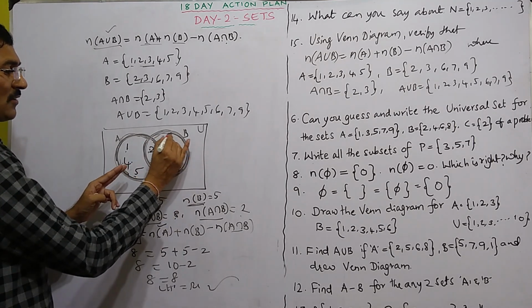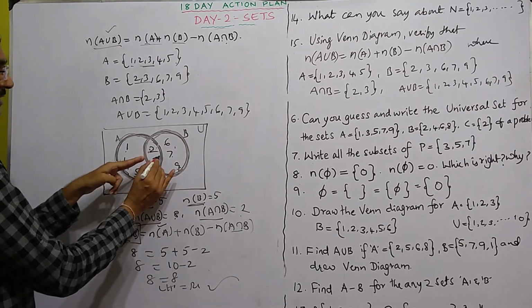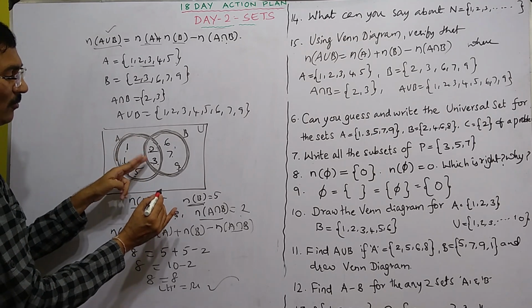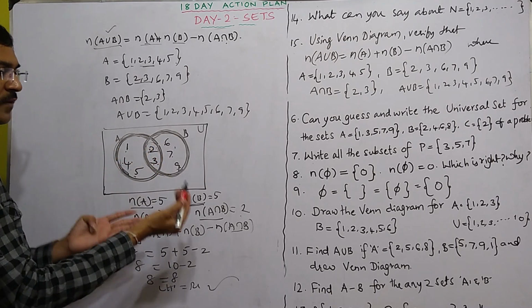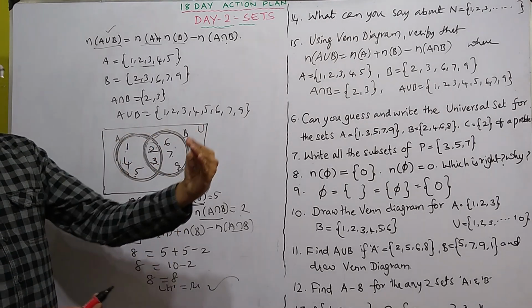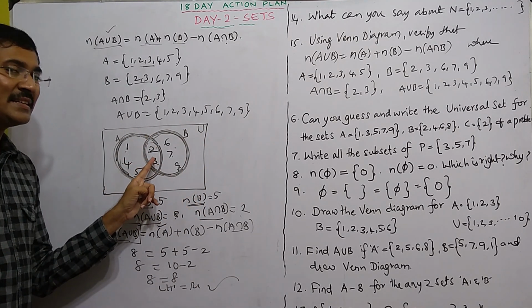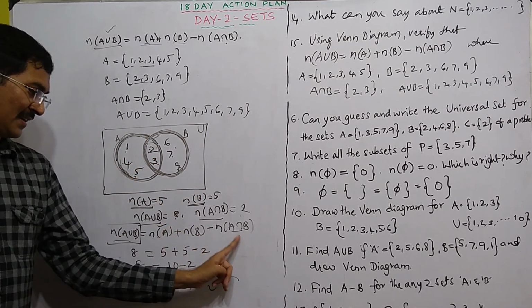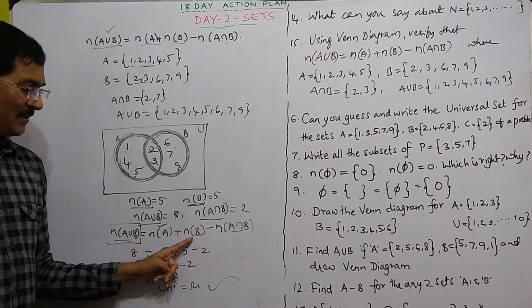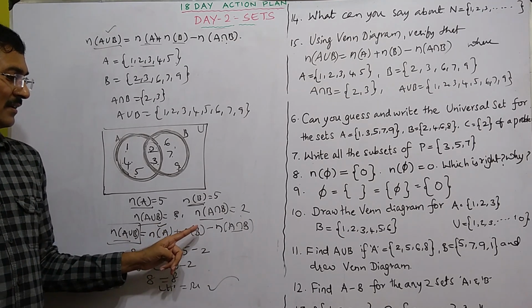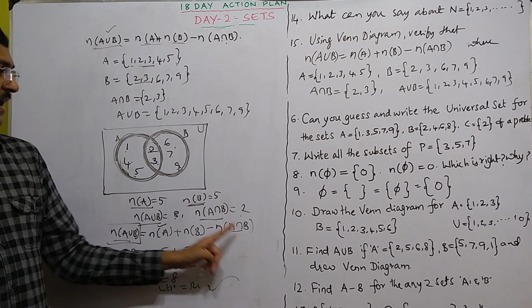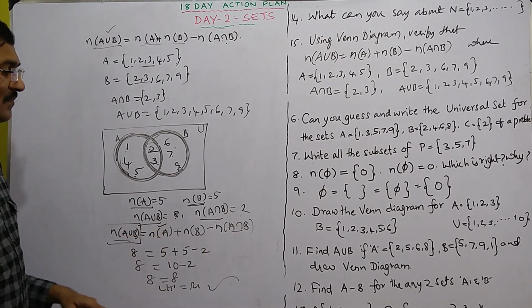So in respect of B we have these 5, and in respect of A these 5. And these 2 and 3 are counted twice, so once they have to be subtracted. What is this part? It is the intersection part, so we are subtracting it. Elements in A and elements in B are combined, then n(A intersection B) has to be subtracted. So this is verified.